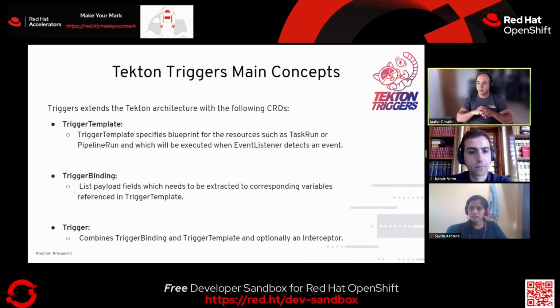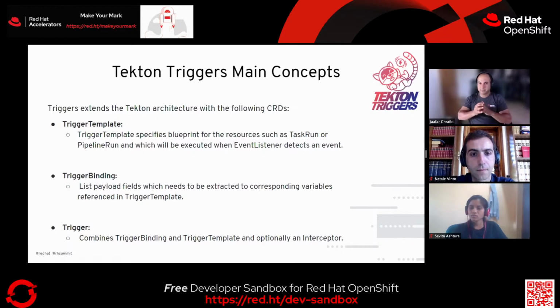So please go ahead again, Khurram, and explain maybe some of the additional concepts that do this magic, like how we get the information of what Git repo we are in, etc. So we can go ahead. Yeah.